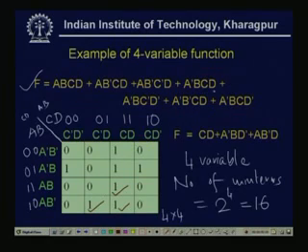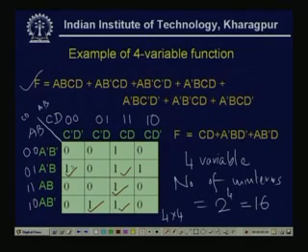Then a dash, b, c, d: it is the 2nd row and 3rd column. Now, a dash, b, c dash, d dash. For a dash, b, this is the 2nd row, and c dash, d dash means the 1st column.